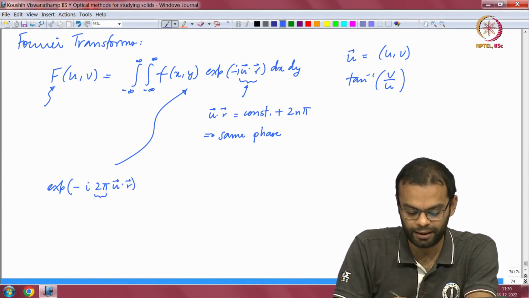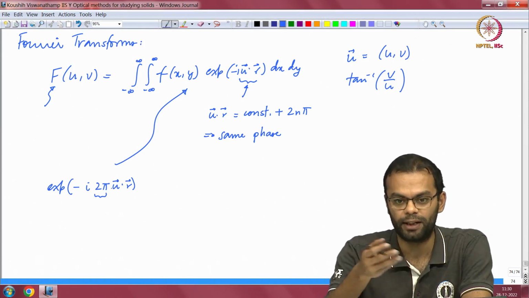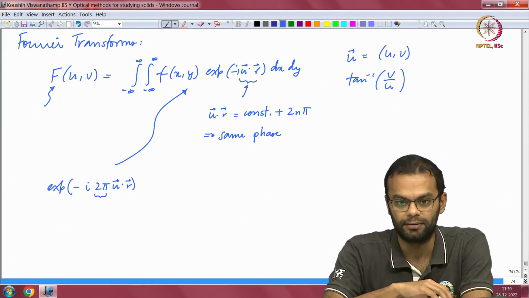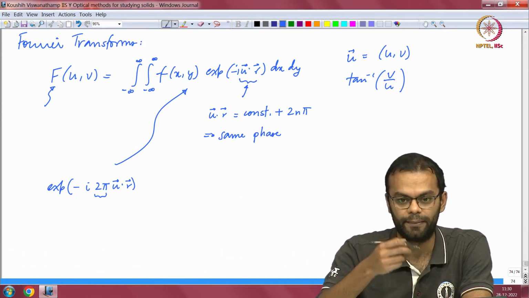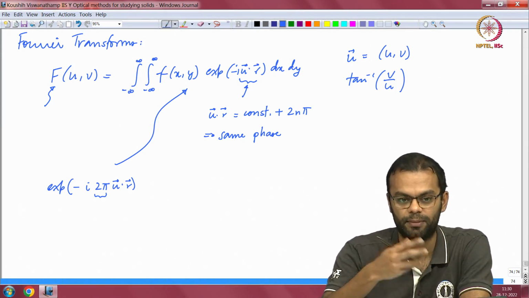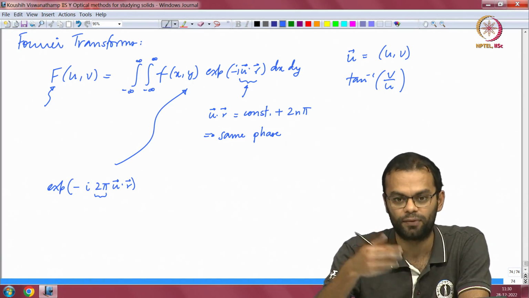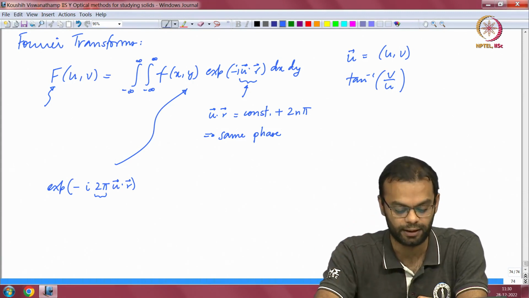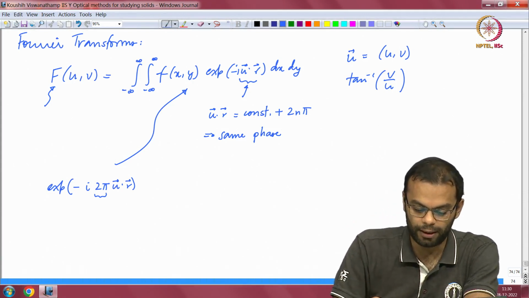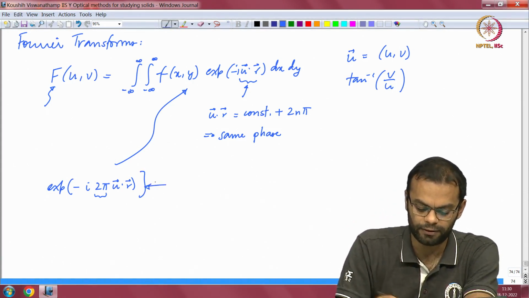The reason being that if you do not do this, then there will be factors of 2 pi that keep coming out, and we do not want to keep track of any factors of 2 pi. Okay. So, we will just put the 2 pi inside, and u will now not be like an angular frequency, but like an actual physical frequency or a physical inverse of wavelength, not a wave number, but an inverse of wavelength, that type of thing.